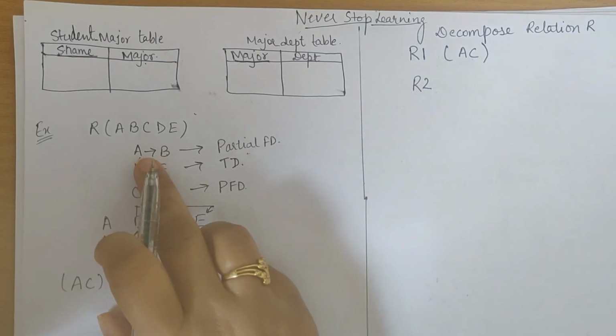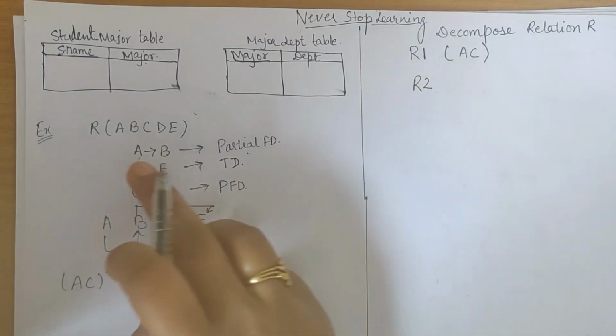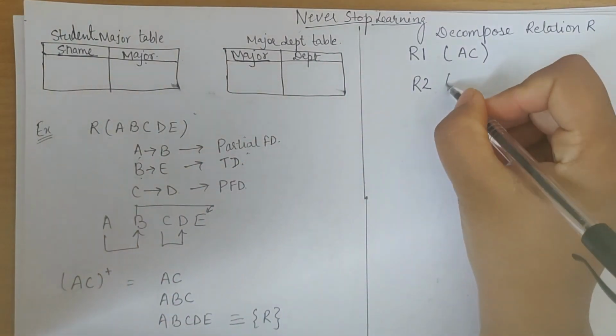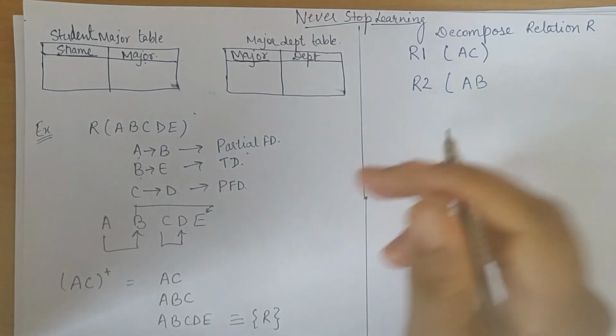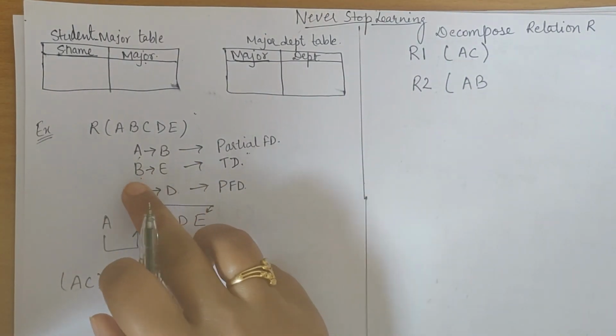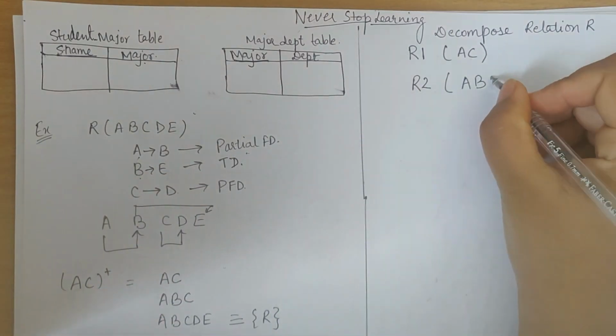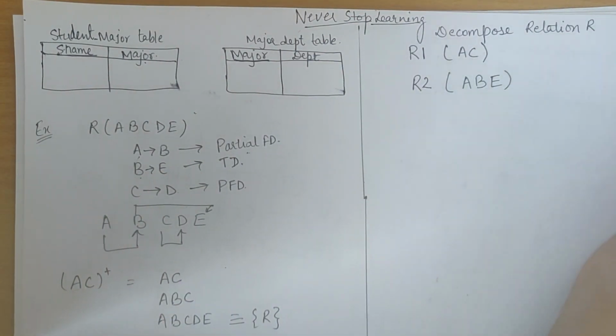Another table, who is creating the problem? This is creating the problem. A determines B. So A determines B. Now B determines anything? Yes, B determines E. So E also we will accommodate here.